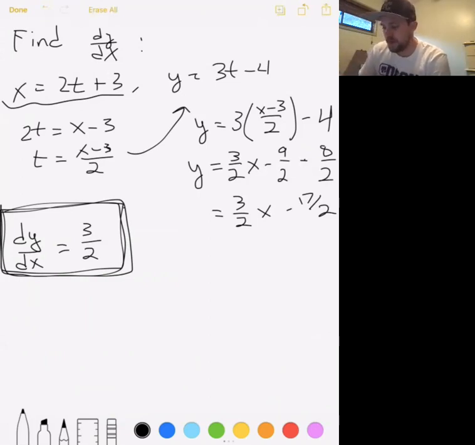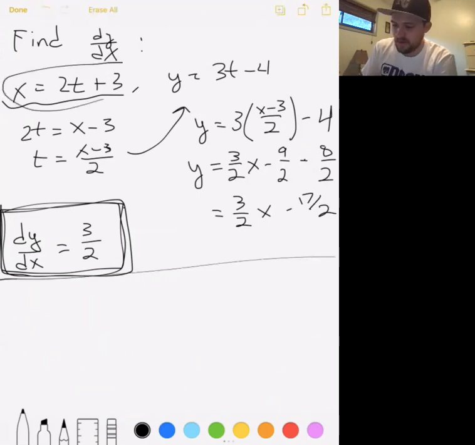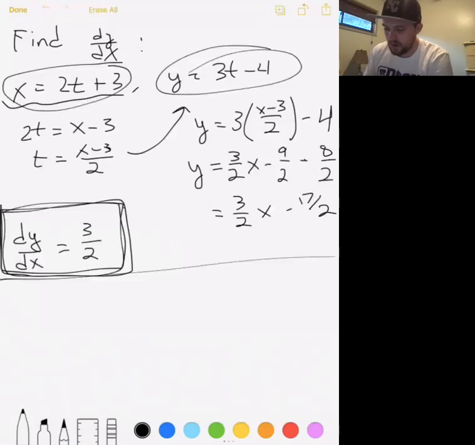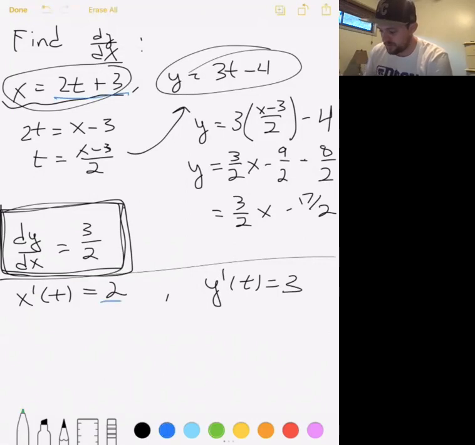But what if we were to compute, let's consider x and y again as functions of t, their derivatives outright? We would get x prime of t is 2 and y prime of t is 3, right? Because we're taking the derivative of 2t plus 3 with respect to t, which is 2, and then the derivative of 3t minus 4 with respect to t is 3.